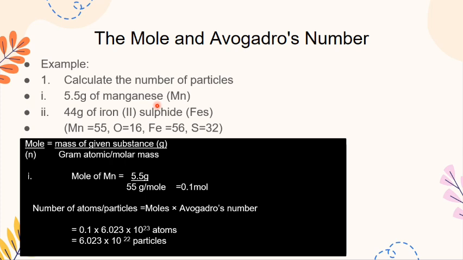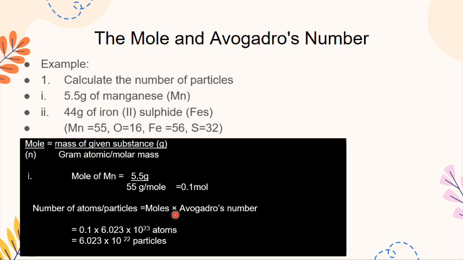But the formula says to calculate number of particles, you must multiply mole by Avogadro's number. So we already know the value for Avogadro's number, but we don't have mole. So it simply means we have to calculate our mole using the formula mass over molar mass.